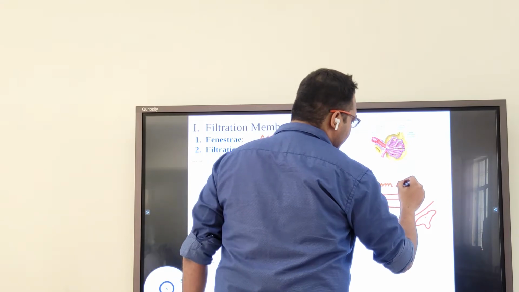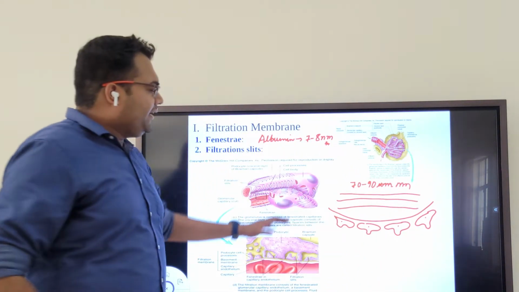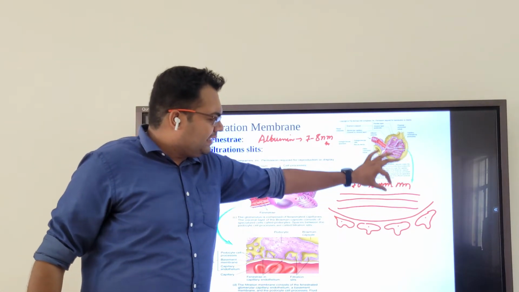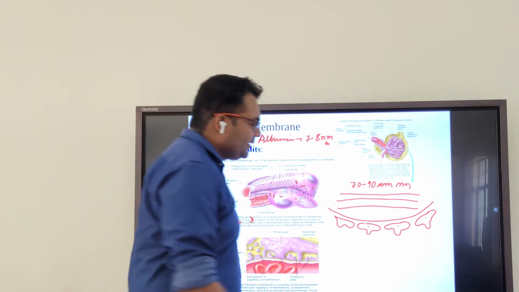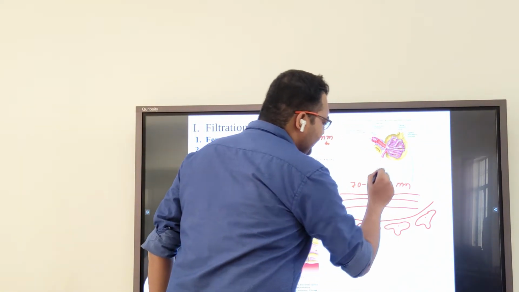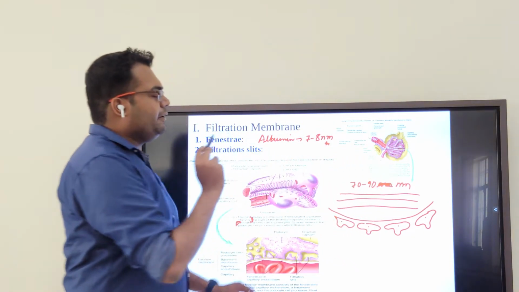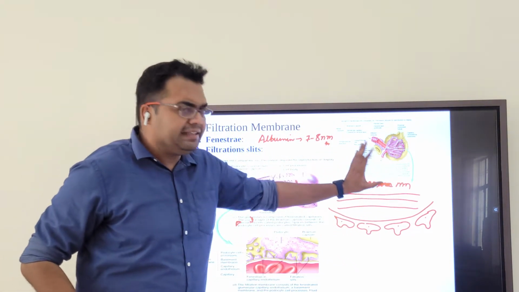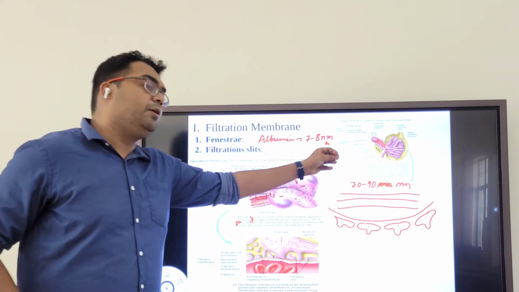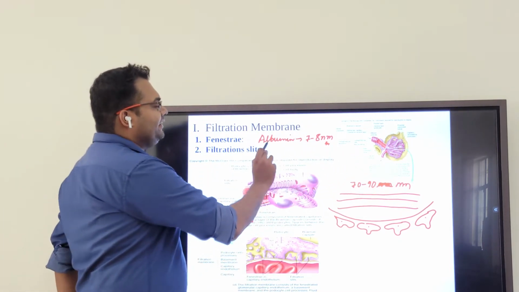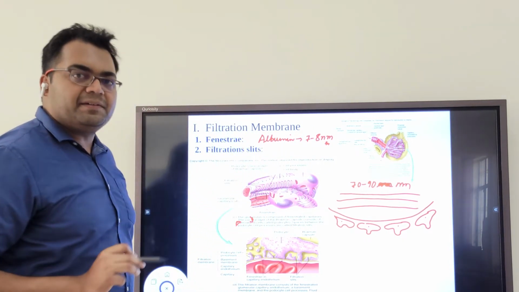So 70 to 90 nanometer is the diameter of the fenestra present in the fenestrated capillaries, which are also known as glomerular capillaries.